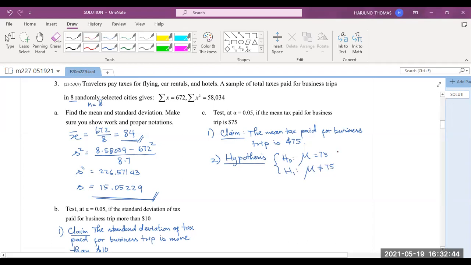The claim is here, okay? But the test is a two-tailed test. Step 3, test statistic.